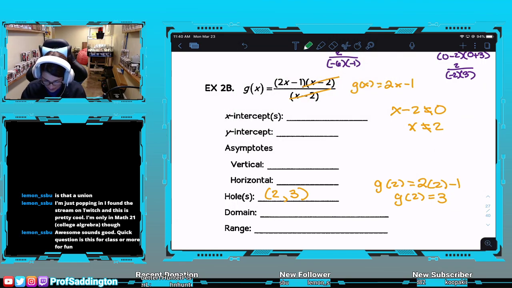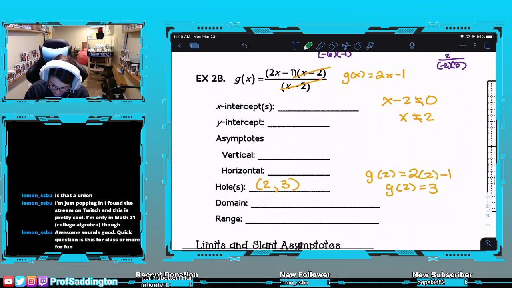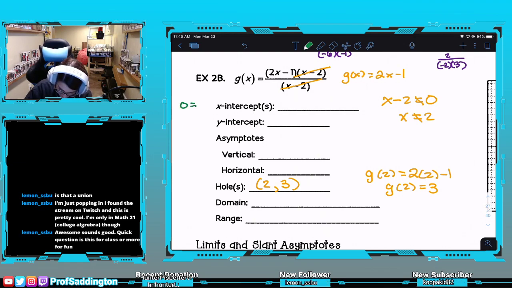All right, let's go back to going in order. Though why not skip around? There's no law saying I have to go in order. All right, an x-intercept means that our y value is going to be equal to 0. So 0 equals 2x minus 1. So when the dust settles, we should get x equals, oops, hold on.